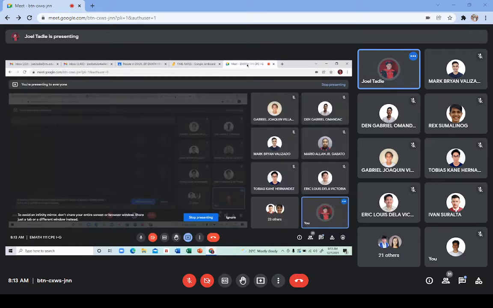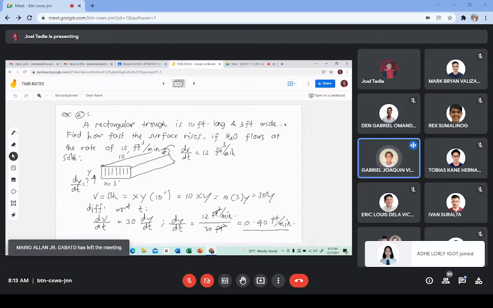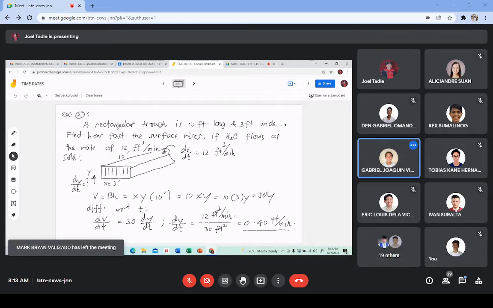Can you read, Gabriel? Number two. A rectangular trough is 10 feet long and 3 feet wide. Find how fast the surface rises if H2O flows at the rate of 12 feet cubed per minute.